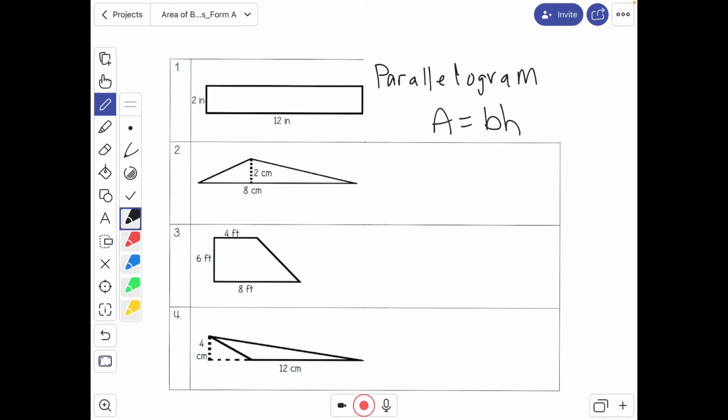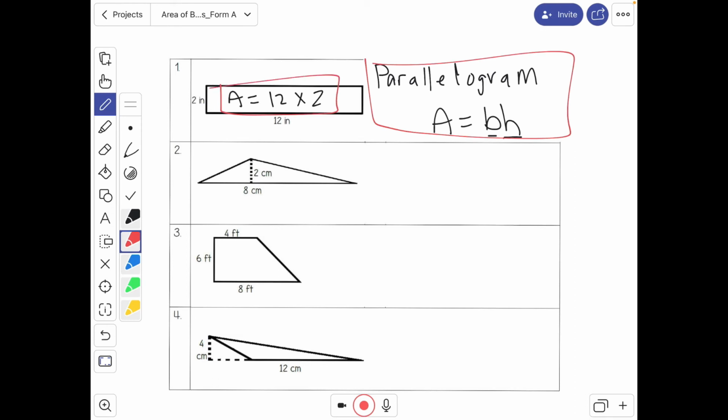You're also going to have to figure out what equation would work. So you're going to have to show me the equation where we're plugging in numbers. The base for this shape is 12, then the height is 2. So you have to show me this part, the equation, and then it also wants an answer.